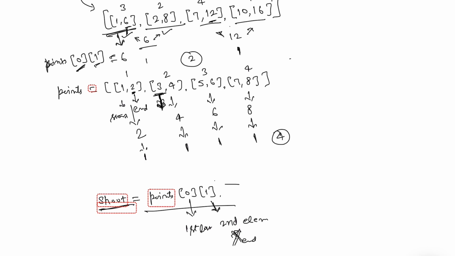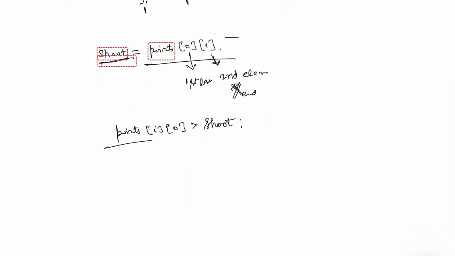So we will compare each list's first position, that means x start, and this is the list. So each list's first position or x start we have to compare with this shoot value. Shoot value is what? First list's x end, that means the second element.